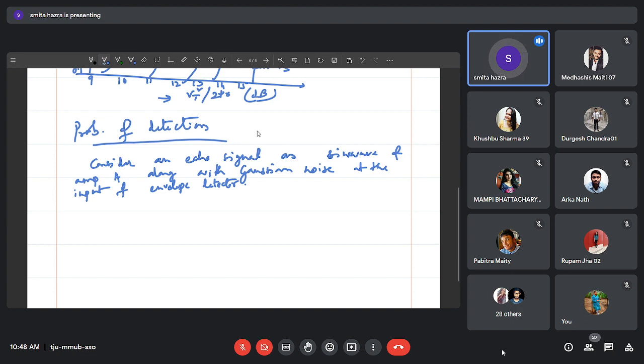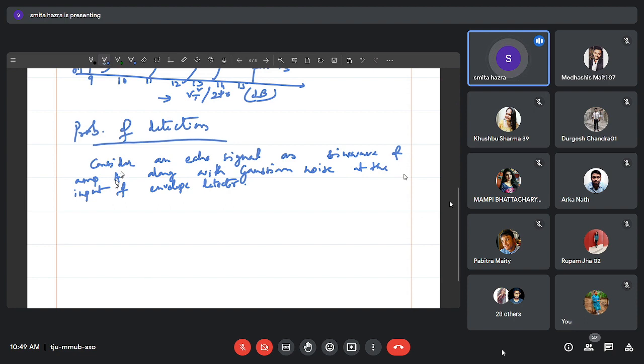We have considered a real amplitude, that is, an amplitude arising from an object, with the notation A, present along with the noise or clutter itself. And when it is processed across the envelope detector, what are the chances of detection?